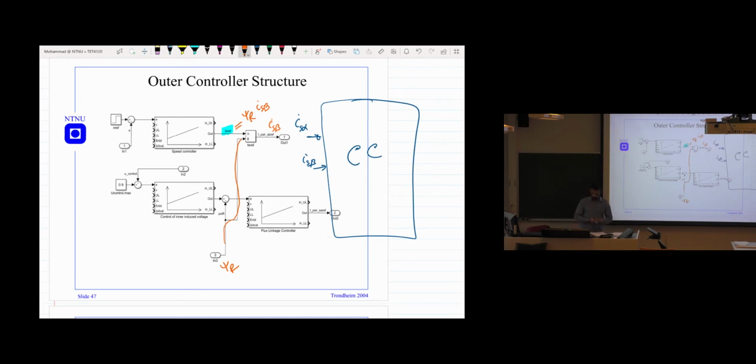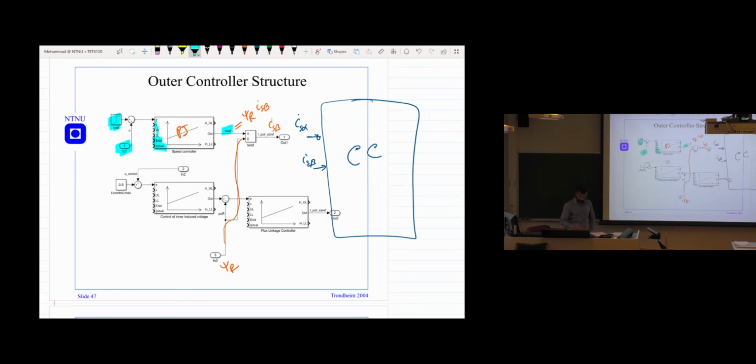But we can also implement an outer loop controller, a speed controller. Then we provide the speed reference, and this is the measured speed. We pass it through a PI controller, and that can give us the torque reference. This is the PI controller that we discussed in the beginning lecture, with the feed forward term, upper limit, lower limit, enable, initial value, all these things.